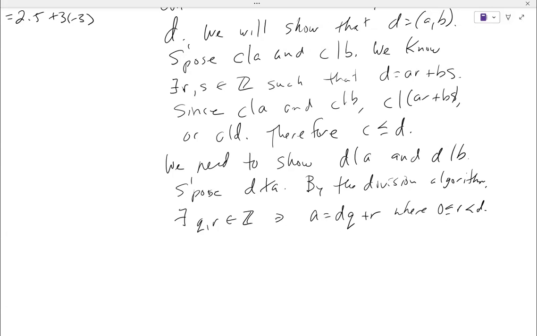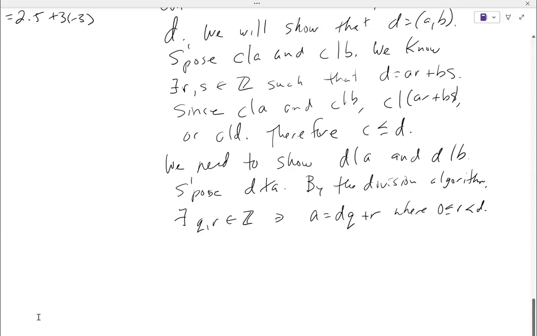All right, so if D is not a divisor of A, if D doesn't divide A, what has to be true about R now? Can it be 0 if D does not divide A?